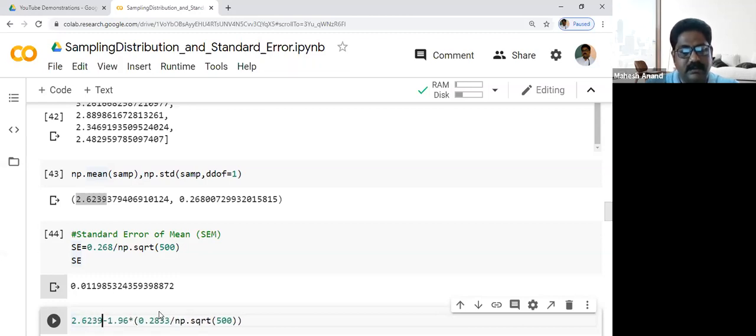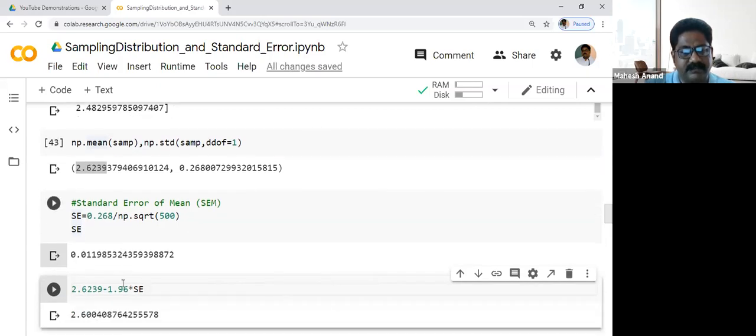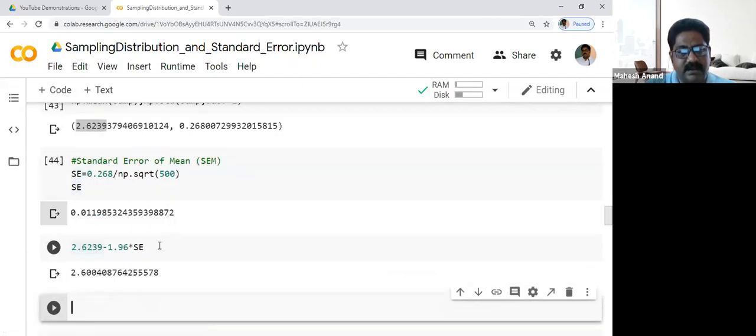2.6239 plus or minus 1.96. Anyhow, we have calculated this separately in the SC variable, right? Let me put SC, the standard error. So 2.6239 minus 1.96 times SC will give me the lower boundary of the 95% range, and plus will give the upper boundary.